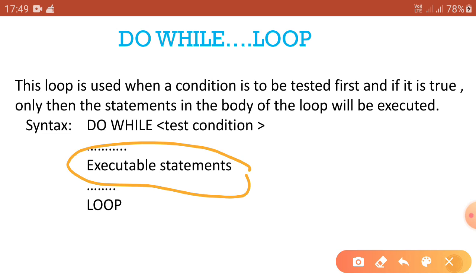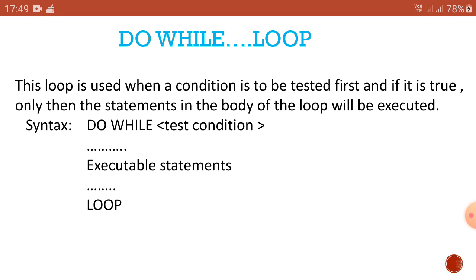The Do While loop is an entry control loop, that is, there is a check or control over the entry in the loop. If the condition is true, only then the loop is executed, otherwise not. Okay, so we will start with a simple example.